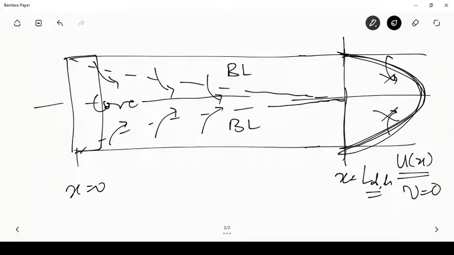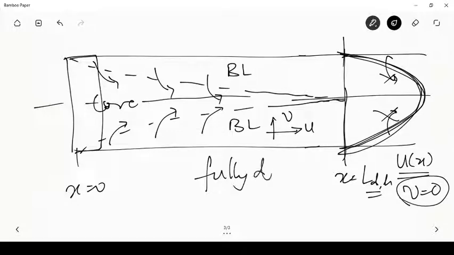If I call this u and this v, the direction perpendicular to the plates is v and the direction along the plates is u. The v component will be present in the region where the flow is moving out of the boundary layer into the core, but will become 0 in the region where the flow is fully developed.